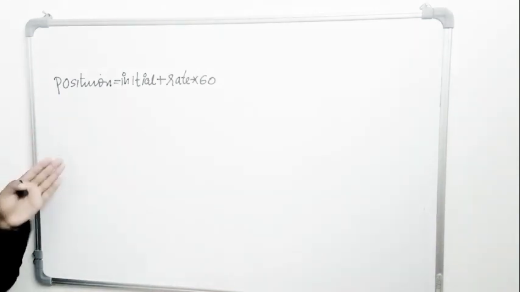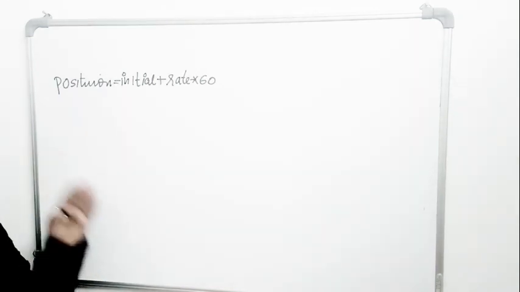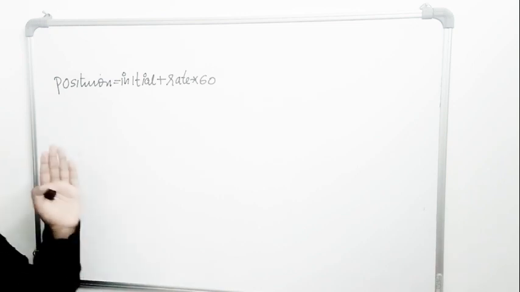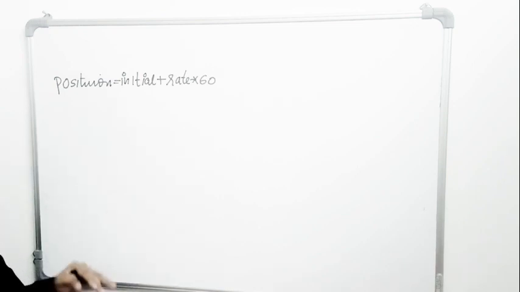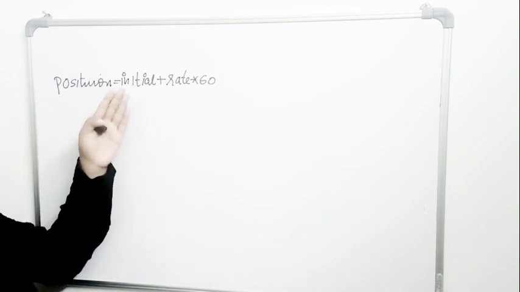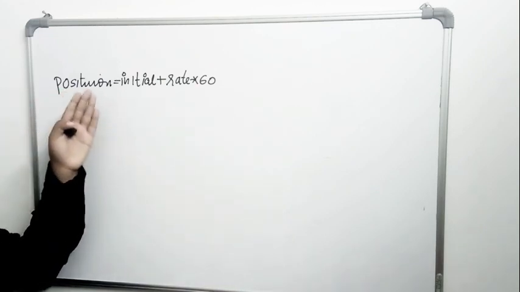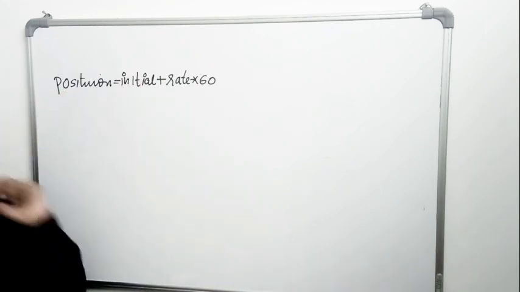This statement is an arithmetic expression. This is the example that we are considering to explain the working of all the 6 phases and the 2 supporting utilities. So position is equal to initial plus rate into 60.